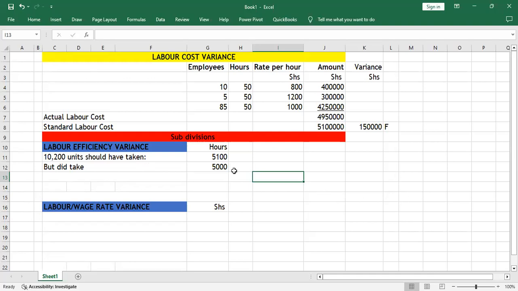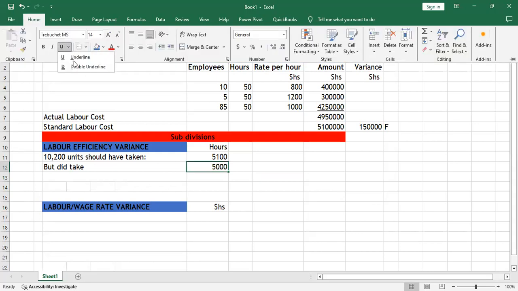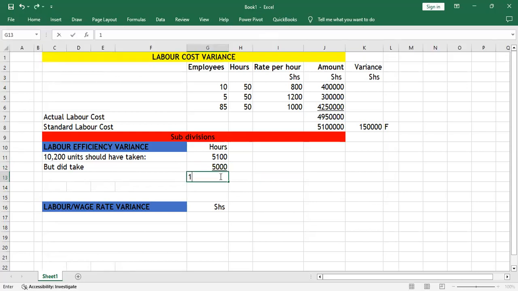However, those 10,200 units should have taken 5,100 hours, meaning that we have a labor efficiency variance in hours of 100 hours. This variance is favorable because we are using fewer hours.